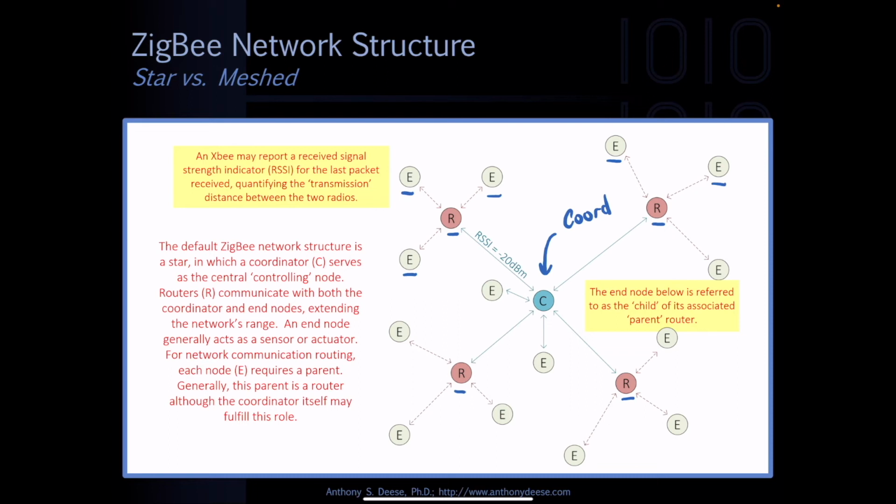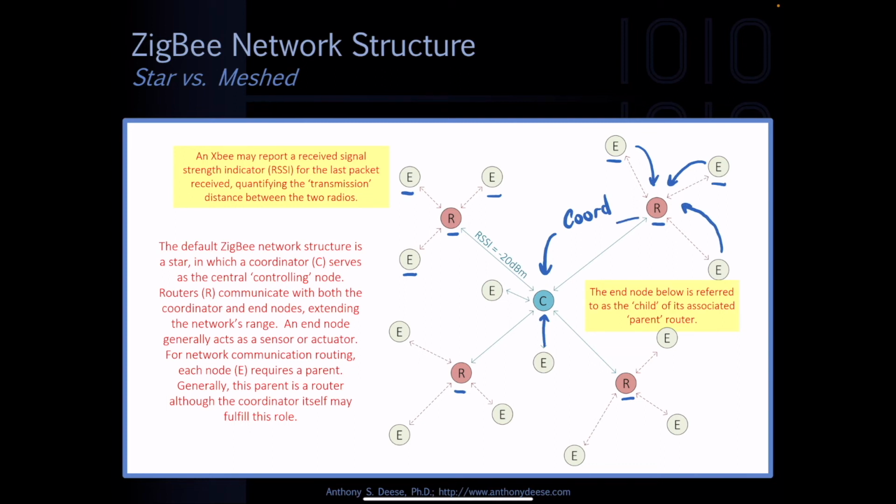For network communication routing, each end node requires a parent as well as each router requires a parent. Generally, the end nodes communicate with routers, but they can communicate with the coordinator itself directly. So the star type network, the way that it works is that each node has only one parent. So for example, the parent of this end node is the router, the parent of this end node is the router, the parent of this end node is the router.